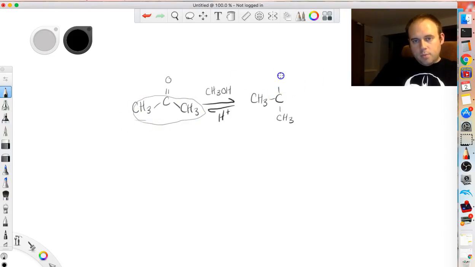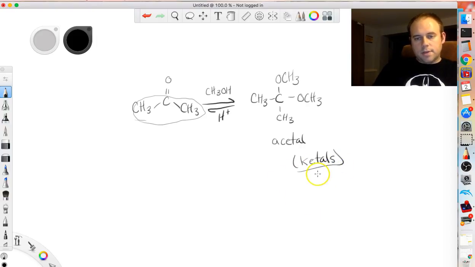And then I end up with OCH3 and OCH3. And this is your acetal, or again, some people call these ketals. That would specifically be if it was from a ketone, but generally the groups are just called acetals when we're working with them traditionally. So that is acetal formation. This is a full acetal. We already discussed there are hemiacetals that you can form.